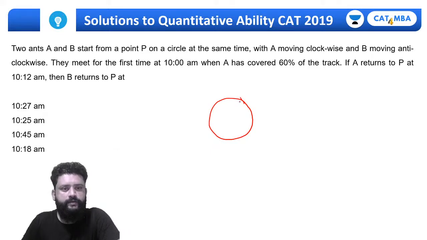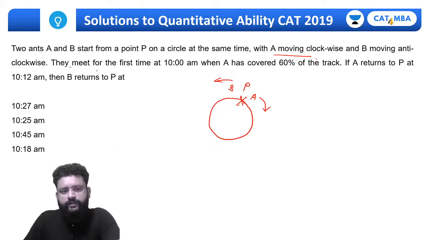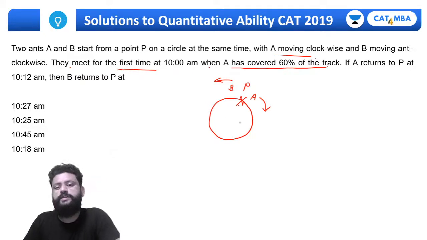A and B, they started from a single point, that is P. A moving clockwise, and B moving anti-clockwise. They meet for the first time at 10 AM when A has covered 60% of the track.